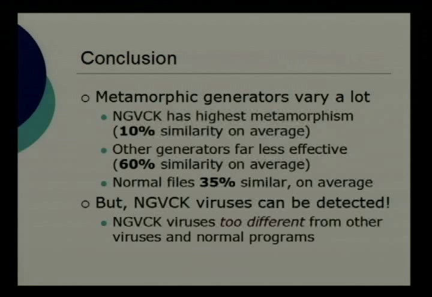Some are 60% similar or 70% similar. When we compare to normal files, they are only 35% similar, so we know how to rate them. But NVIC viruses can also be detected because they are too different from other viruses and normal programs.